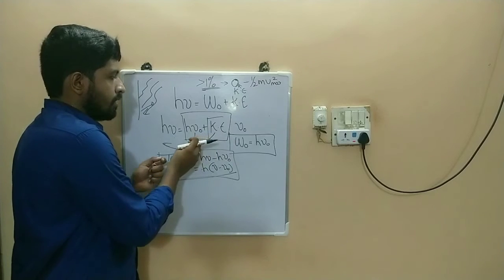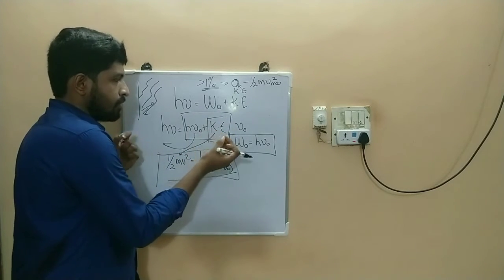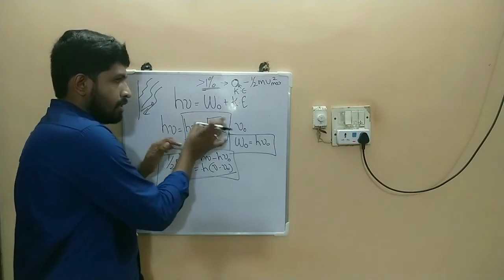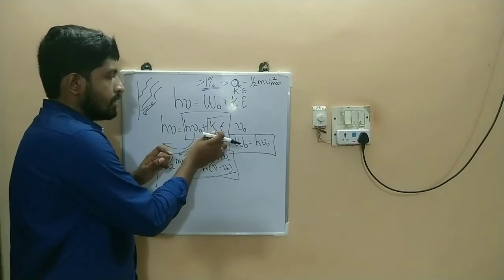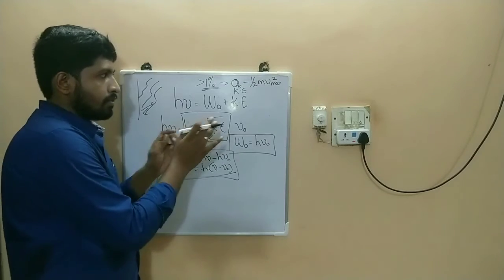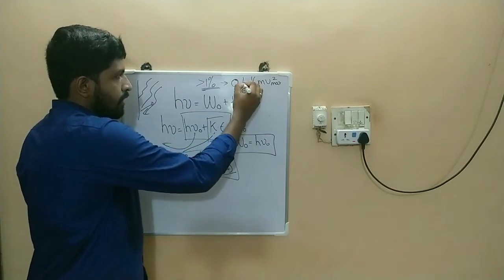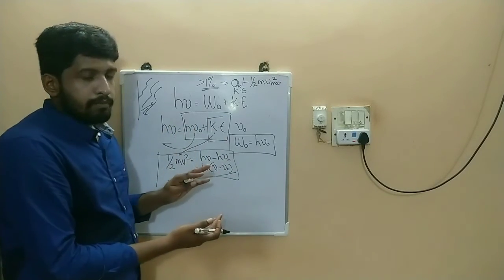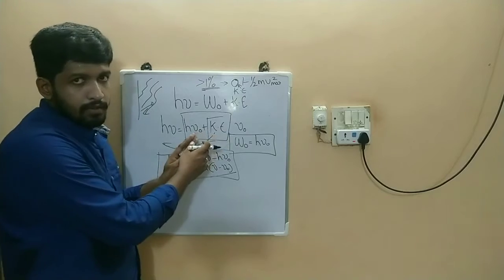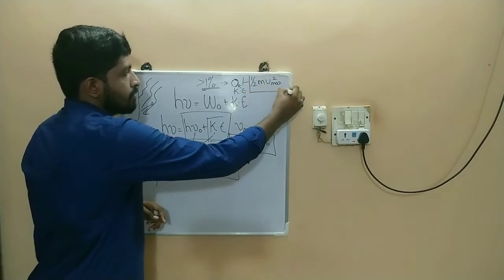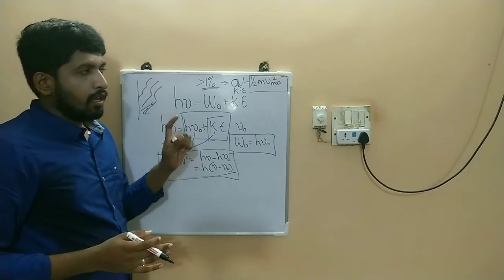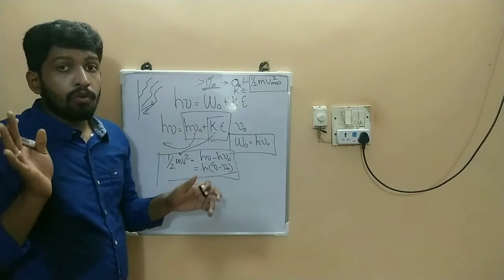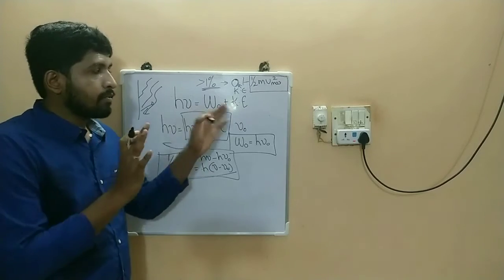And also if the collision is not proper and it cannot give the whole energy to the electron, then the kinetic energy will be smaller, that is in between 0 and half mv max square. If the collision is proper, maximum kinetic energy is obtained, which is equal to half mv max square. The energy of the electrons may vary from 0 to half mv max square. Not all the electrons possess maximum kinetic energy.